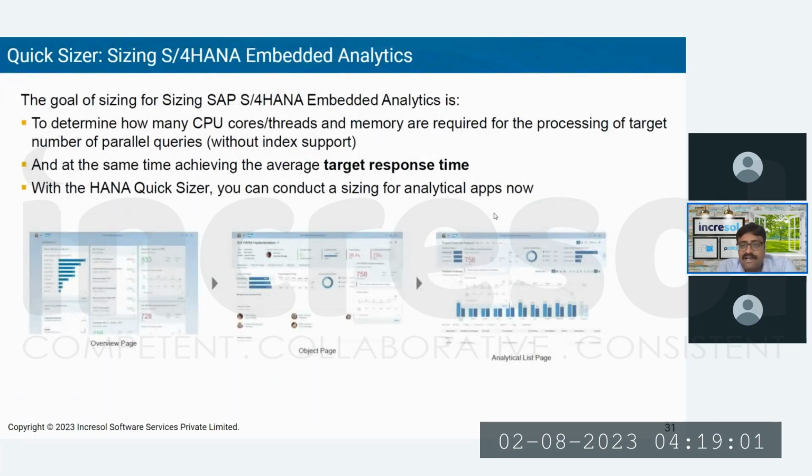Same thing with the embedded analytics. Here, to get a faster response time for your analytical reports or queries, we need to give the number of queries per hour we are going to run, slow queries, fast queries, the percentage of each, and the number of users who are going to access. All those parameters it will ask for.